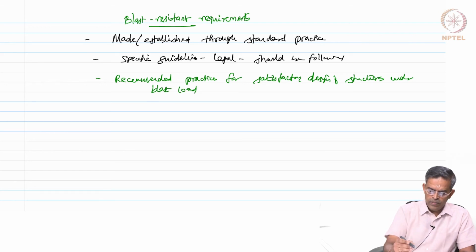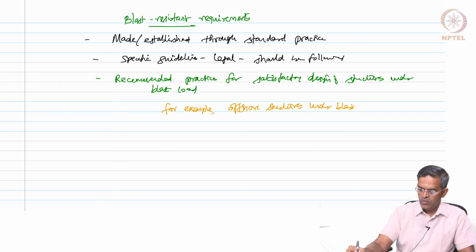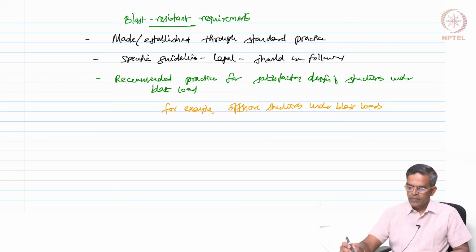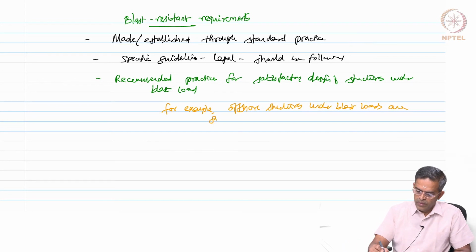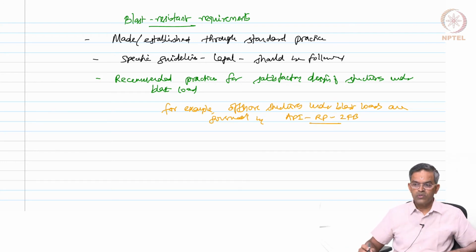For example, offshore structures under blast loads are governed by API recommended practice 2FB. P stands for blast loads.